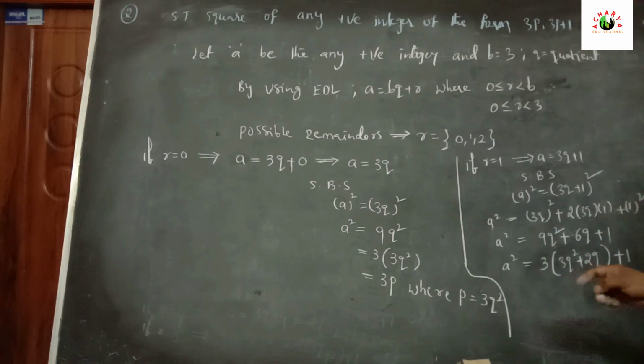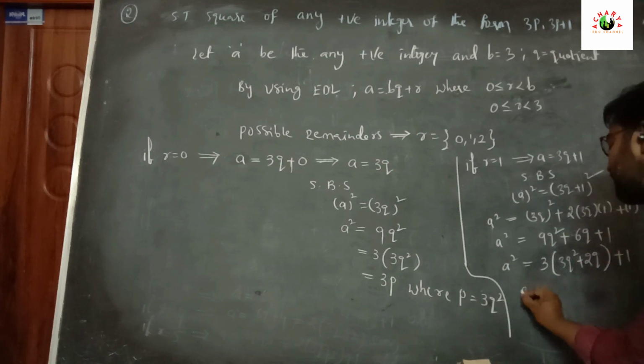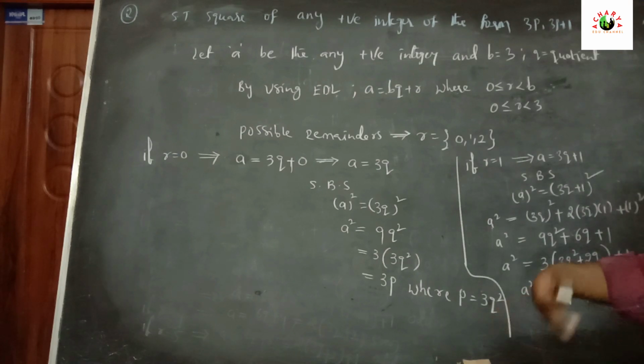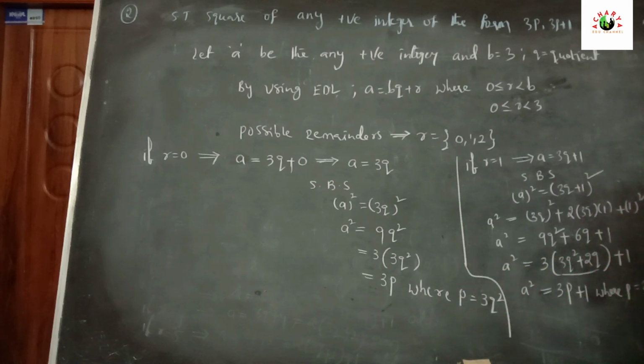Check once again: 3 threes are 9, q², plus 3 twos are 6, q, plus 1. Now a² = 3p + 1, where p = 3q² + 2q. Like that, we have to show that the square of any positive integer is of the form 3p and 3p + 1.